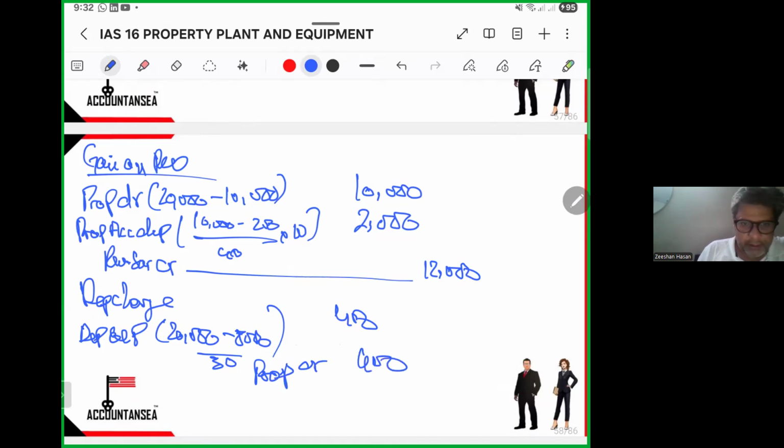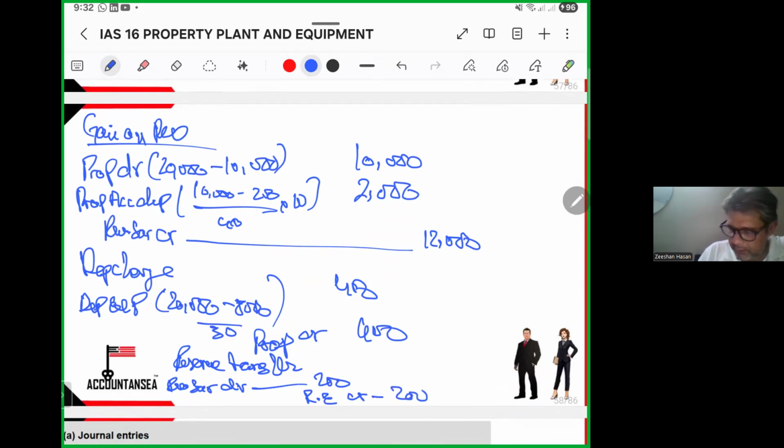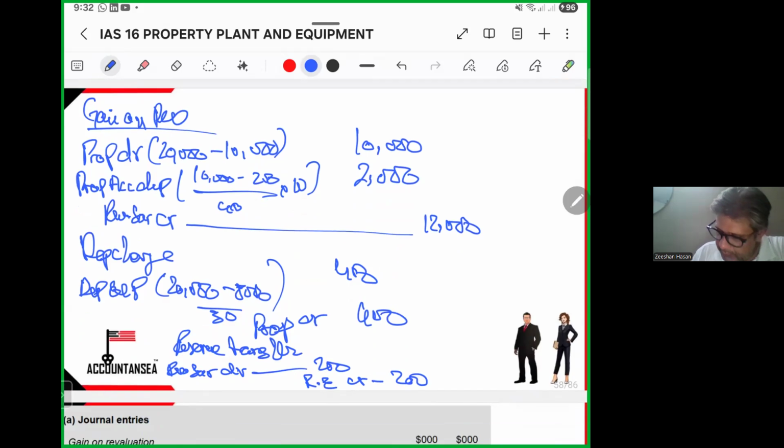Then for the reserve transfer, revaluation surplus debit 200, and retained earnings credit 200. So far, so good.